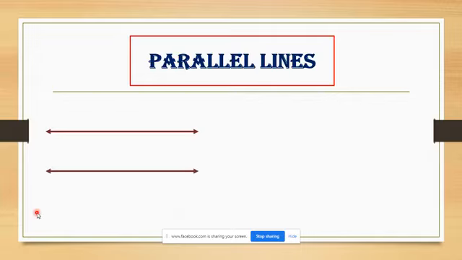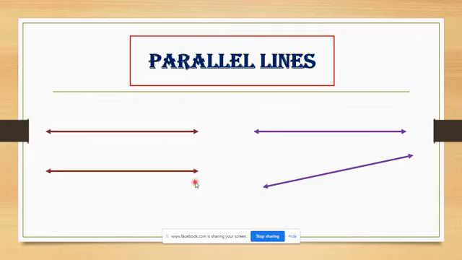Another line here like this, or like this and like this. In these two figures, see, these are the maroon lines and these are violet colored lines. Here are two figures. See, you can see the difference between the two figures.